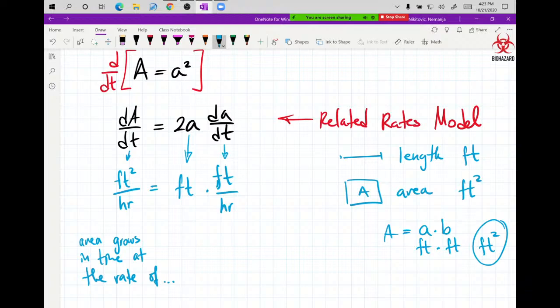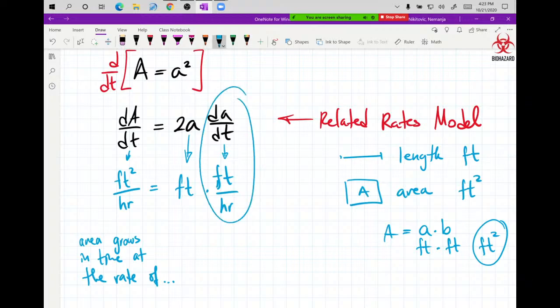There is a number there. See, area grows in time at the rate. So grows, it's positive, rate, its derivative, time, dt in denominator. All of these words have their meaning to come up with correctly what it is.